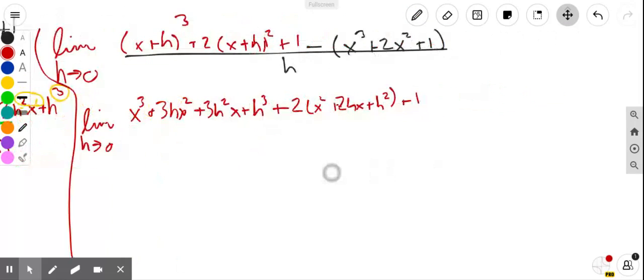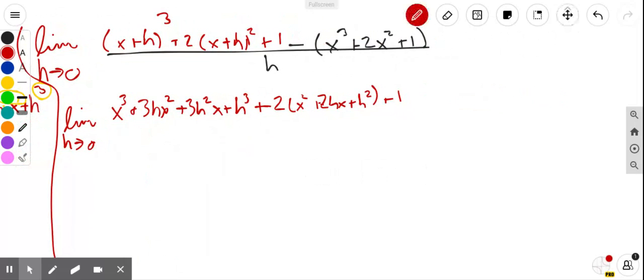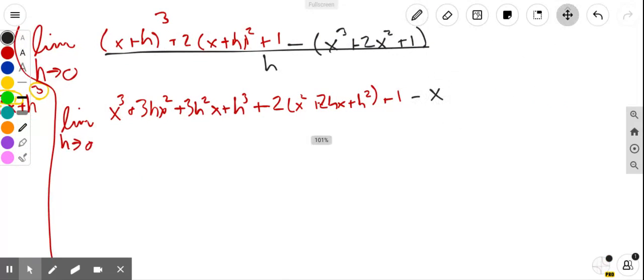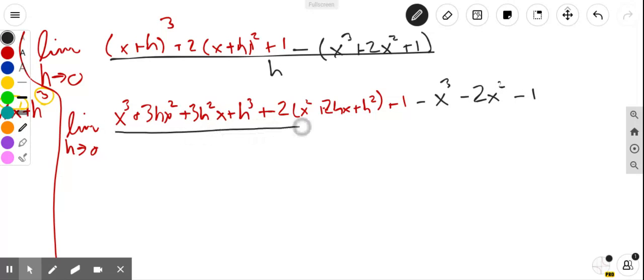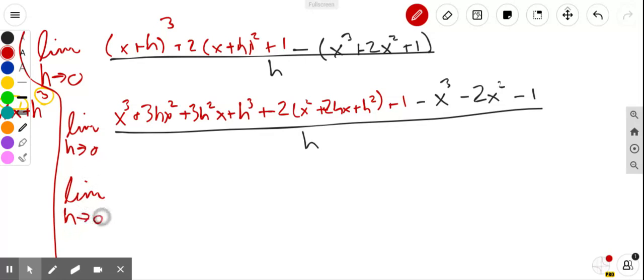Oh boy. Minus x cubed minus 2x squared minus 1. All of this over h. There we go. So the limit as h goes to 0 of this mess.